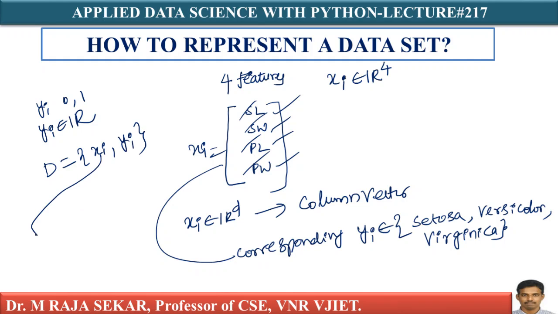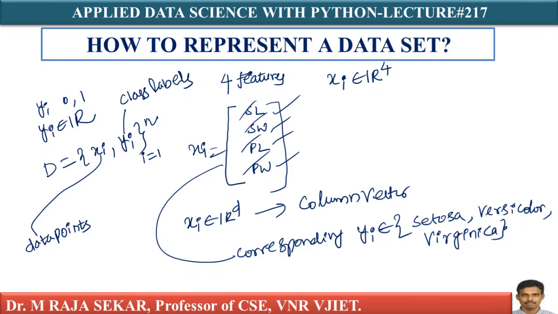Xi is the data points, and yi is the class labels. If I say i equal to 1 to n, how many such data points do I have? I have n such data points and class labels.